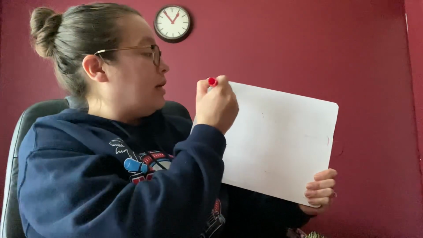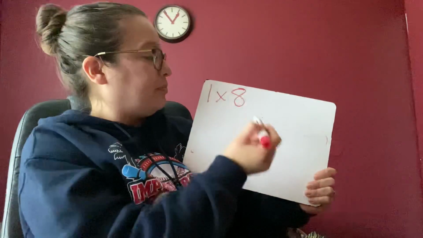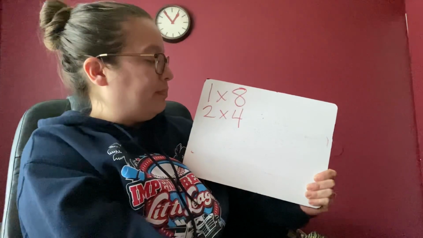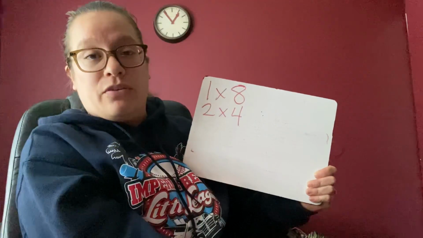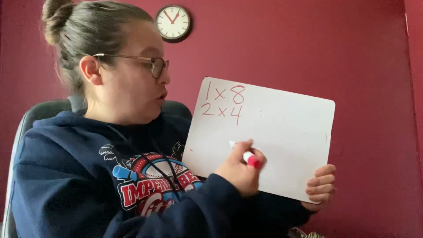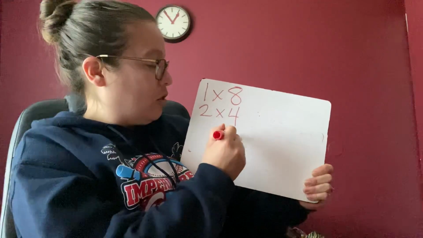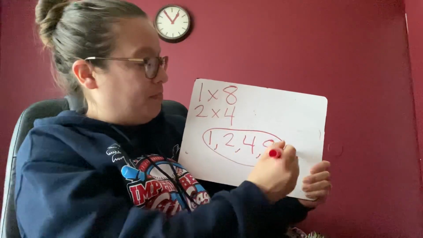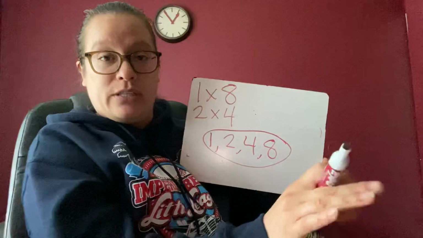Start at 1. 1 times 8. 2 times 4. Are there any other factors that can go into 8? Nope. So you write them like this: 1, 2, 4, 8. Those are the 4 factors of 8.